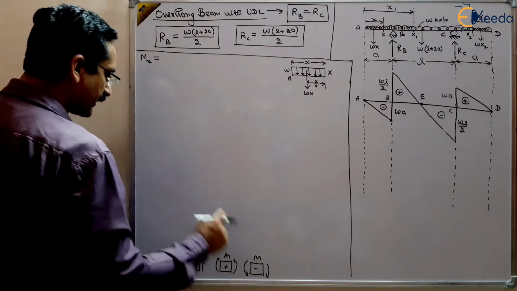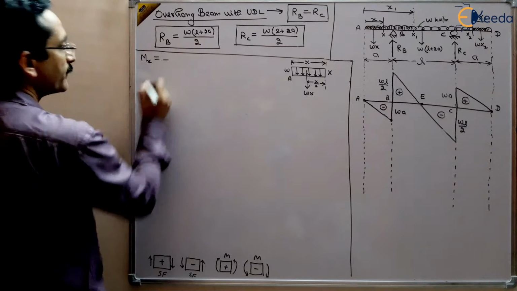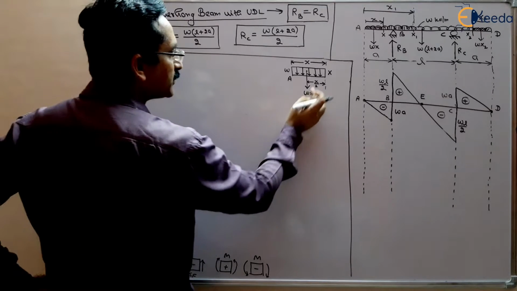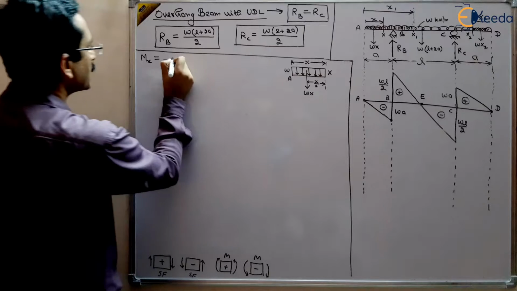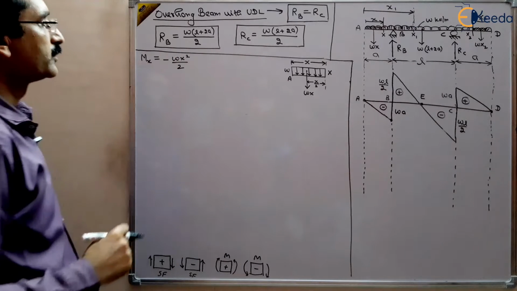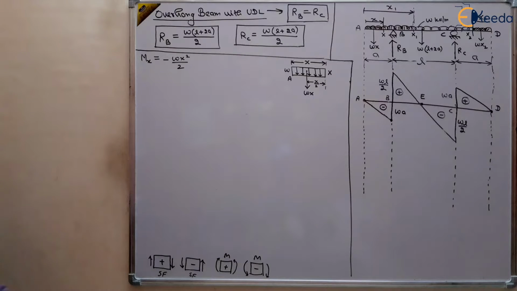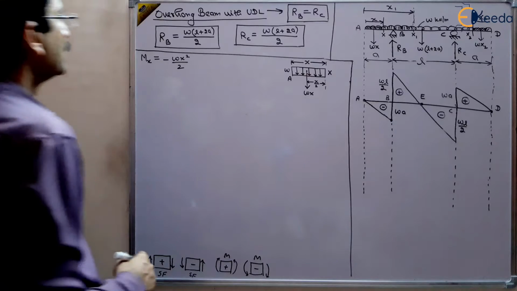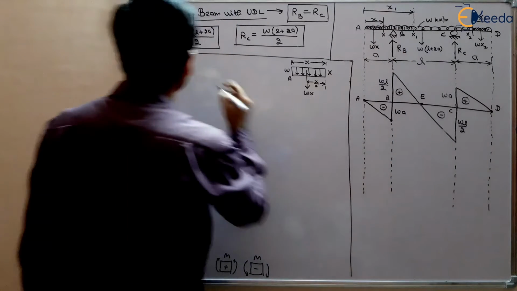So this is minus wx multiplied by x by 2. So this is wx square by 2, the bending moment, right? And it is valid between A to B.